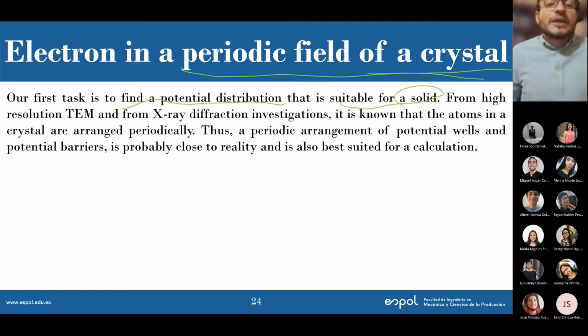Ceramics, metals, they're all solids. So how can I represent that? And as Natalia said, we've already learned by now, you're all experts on that, I think, that atoms in a crystal, in a solid, are arranged periodically, and that's the unit cell that Natalia was talking about.